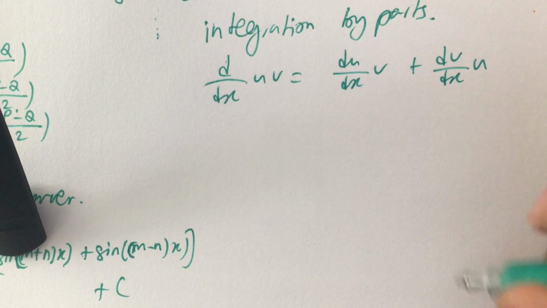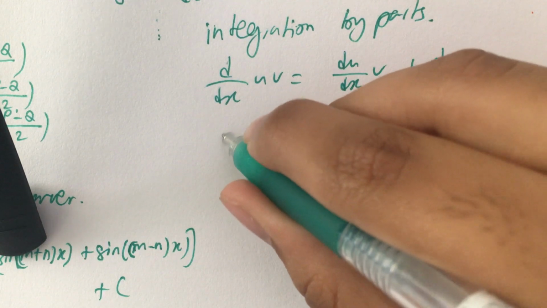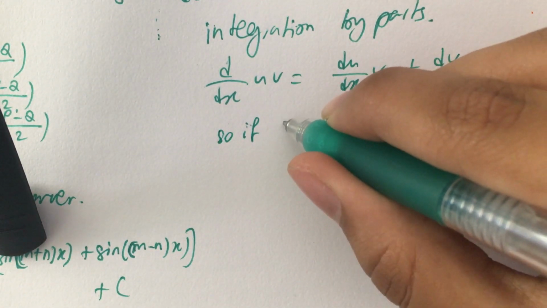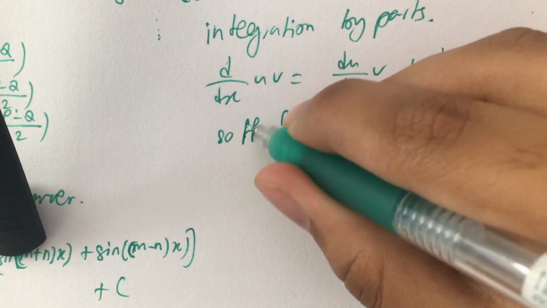So you're basically doing the opposite of that. That is what integration by parts is. That's pretty much how it goes, kind of.